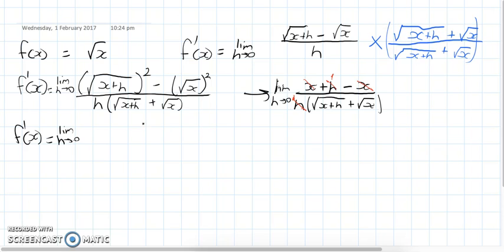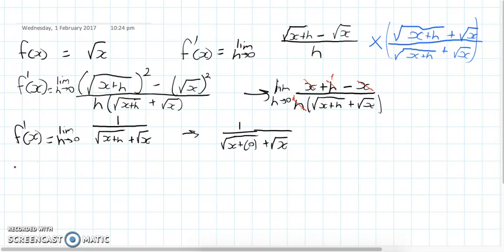So we'll end up with something that looks a little bit like 1 divided by square root of x plus h plus the square root of x. So now we can go through and substitute our 0 in. One over the square root of x plus 0 plus the square root of x.